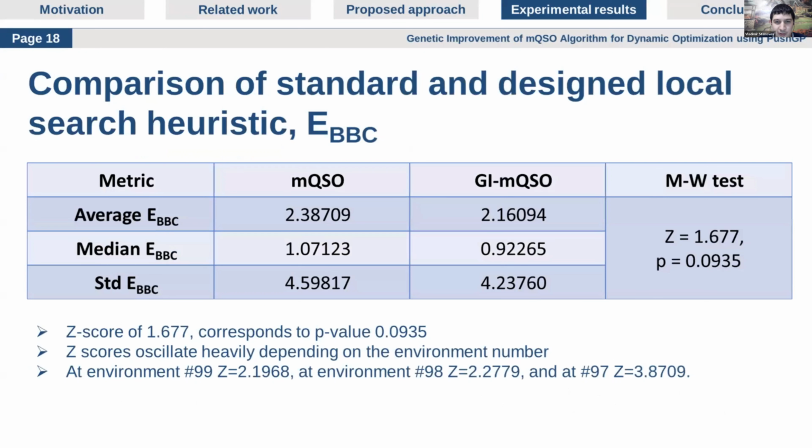So how did it work? Well, the genetically improved mQSO actually performed better than the original mQSO. Of course, at the end of the test, we can see that the p-value is only 0.09, but if you look at the previous steps, like steps 99, 98, 97, the z score is more than 2 and sometimes more than 3.